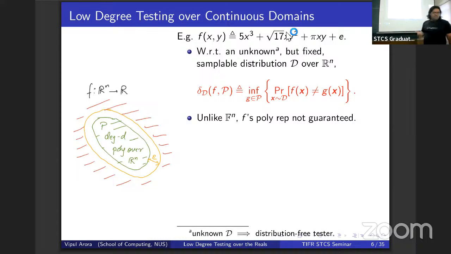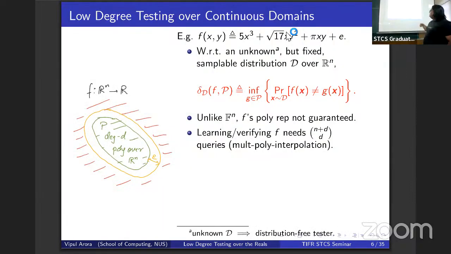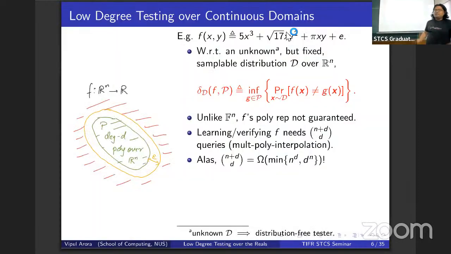And the idea of learning the polynomial and verifying requires n plus d choose d many queries, because if you do multivariate polynomial interpolation of a total degree d, n-variate polynomial, these many monomials can be hiding. So just to do the polynomial interpolation, you would need these many queries. And this is a bit too much.